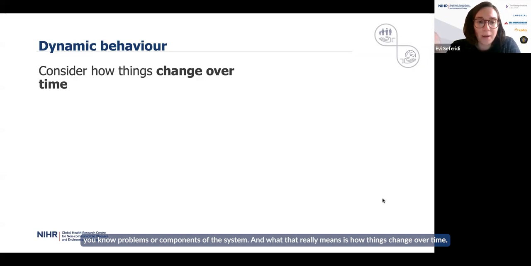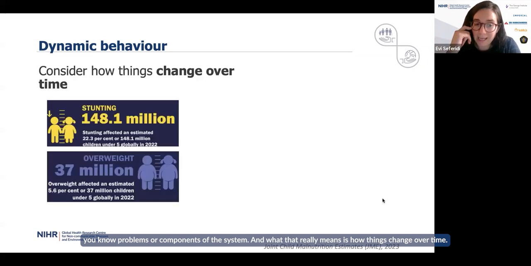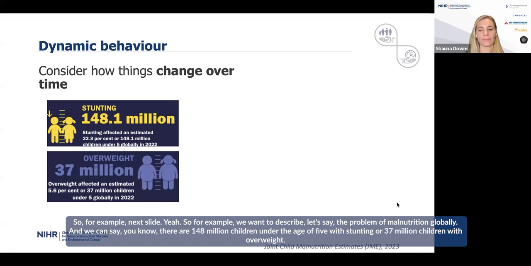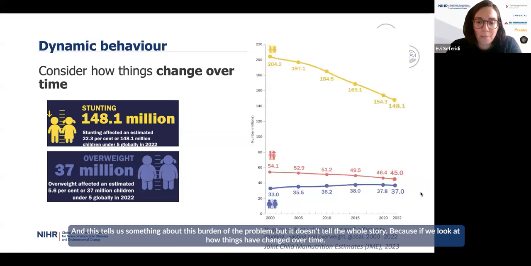So, for example, we want to describe the problem of malnutrition globally. And we can say there are 148 million children under the age of 5 with stunting, or 37 million children with overweight. This tells us something about the burden of the problem, but it doesn't tell the whole story.